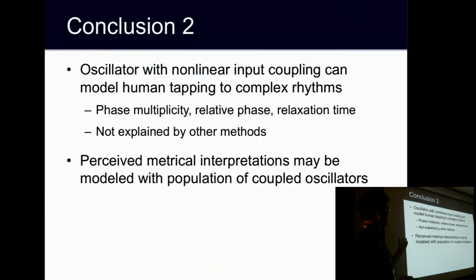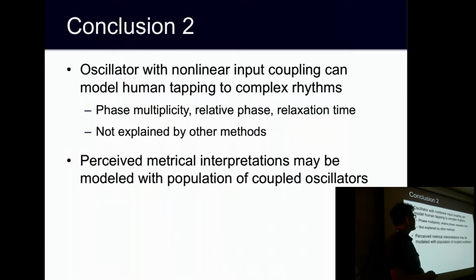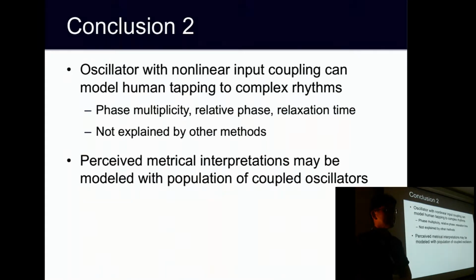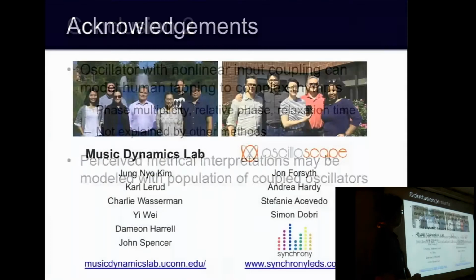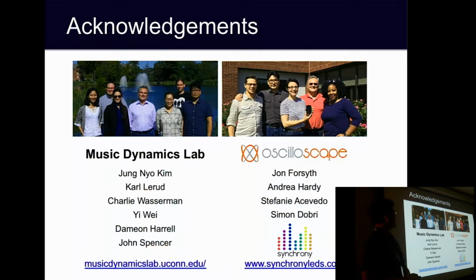And then I showed that perceived metrical interpretations may be modeled with a population of coupled oscillators instead of individual oscillators. That's it. I would like to thank my colleagues at Music Dynamics Lab and Oscilloscape, and thank you for your attention.